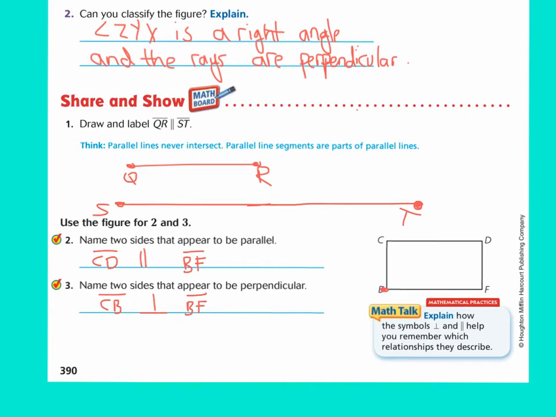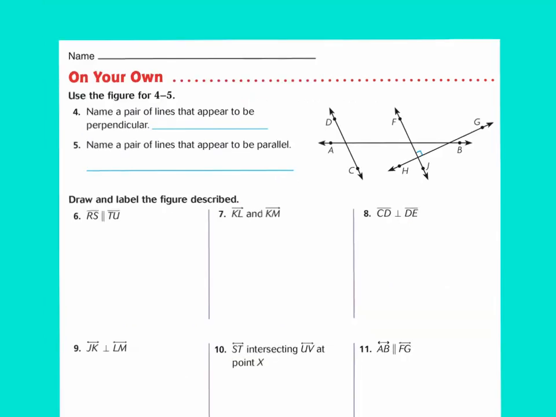Let's go ahead and flip over to page 391. Question number 4 says name a pair of lines that appear to be perpendicular to each other. I want to look for that right angle, because if I'm choosing lines that don't have a right angle, then they're not perpendicular.